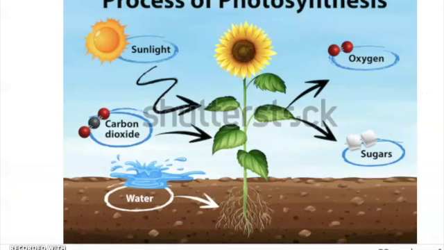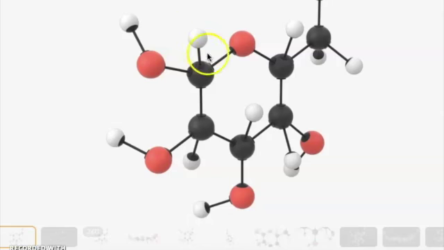If I show an image of glucose, we have these bonds between our carbon, hydrogen, and oxygen atoms. So the chemical energy is stored in these bonds.